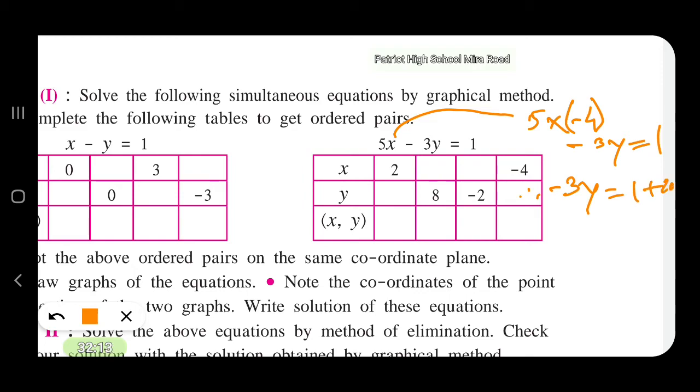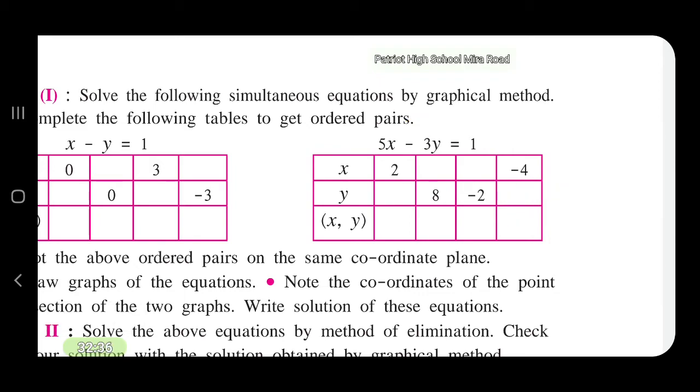This is minus 20 on the left hand side, it will go to the right as plus 20. Therefore minus 3y is equal to 21, or y is equal to minus 7. So the ordered pair will be (minus 4, minus 7), the last ordered pair.